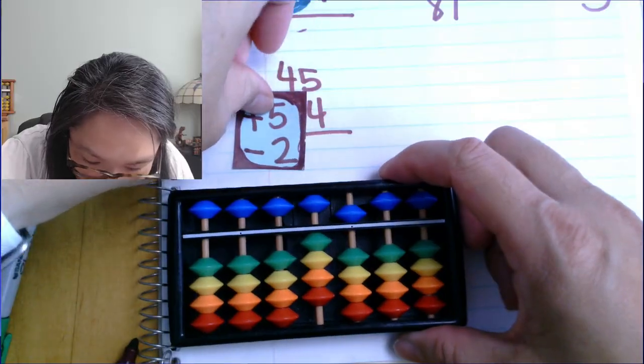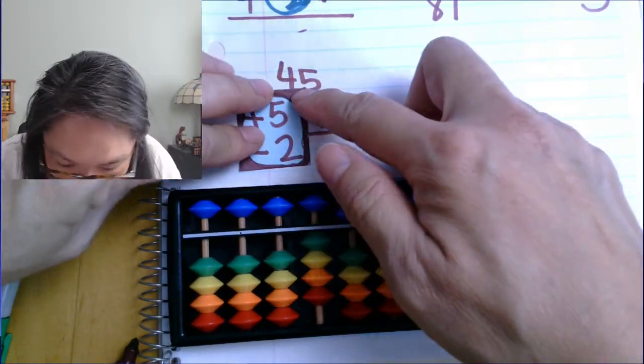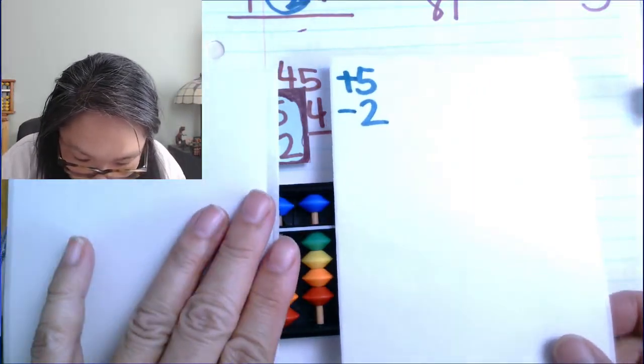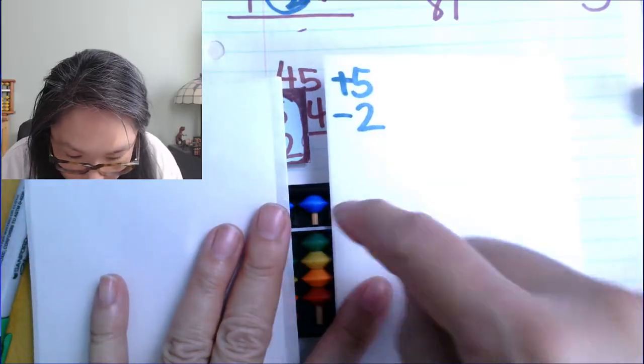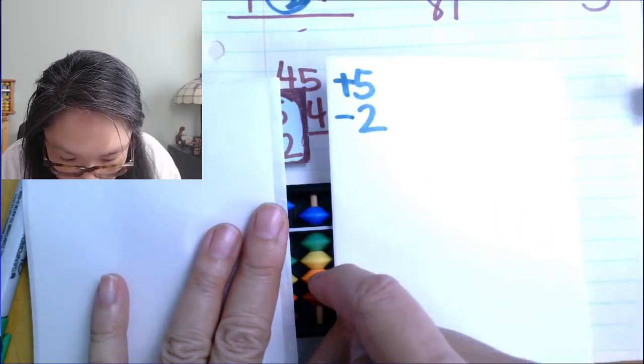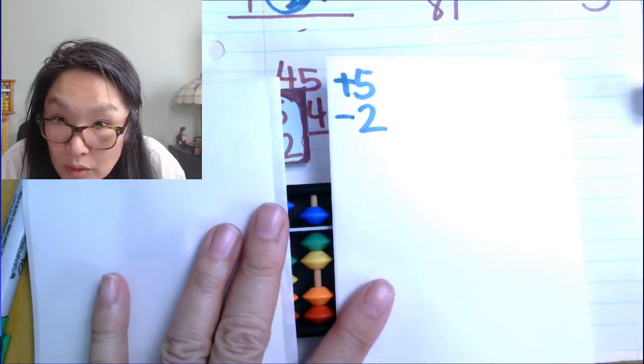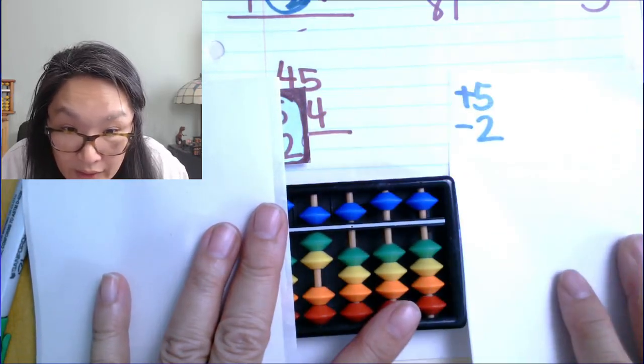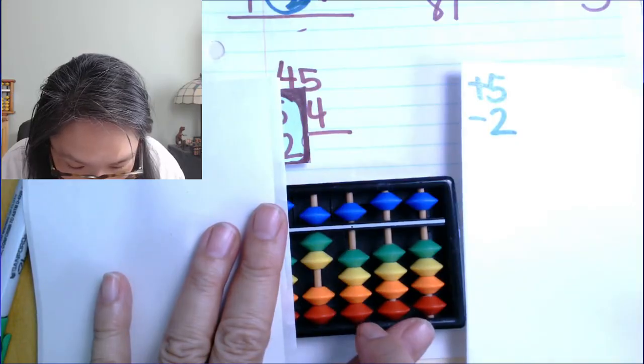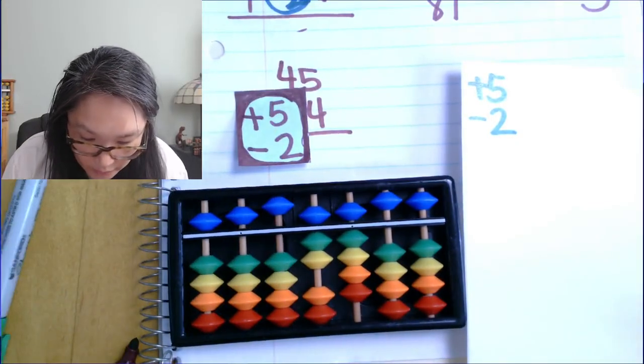So it's like a little token, right? So when I do this, I'm going to plus the 5, take away the 2. And then, do I have enough to plus the 4? Yes. And then all I got to do is plus the 4.